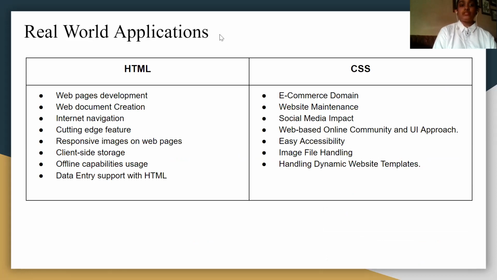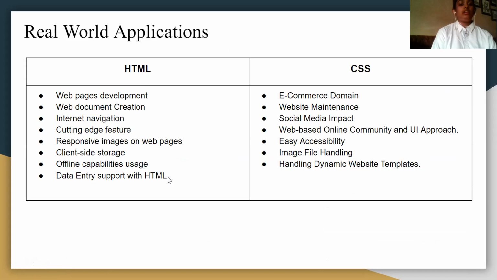Real-world applications, these are where HTML and CSS are used. For HTML: web page development, web document creation, internet navigation, cutting-edge features, responsive images on web pages, client-side storage, offline capabilities usage, and data entry support.